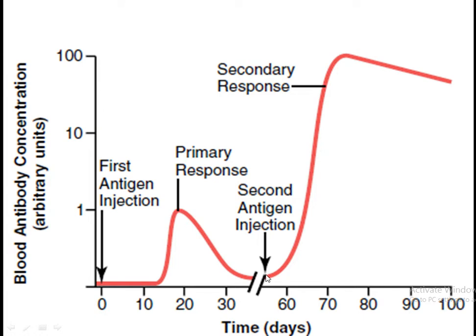And as memory cells are there, they remember what happened in the past. So the response at this time is much more enhanced, as you can see here, and it lasts longer, maybe for the whole of life. Compare this one to this, and compare the peaks of primary and secondary responses. There is a great difference between these.